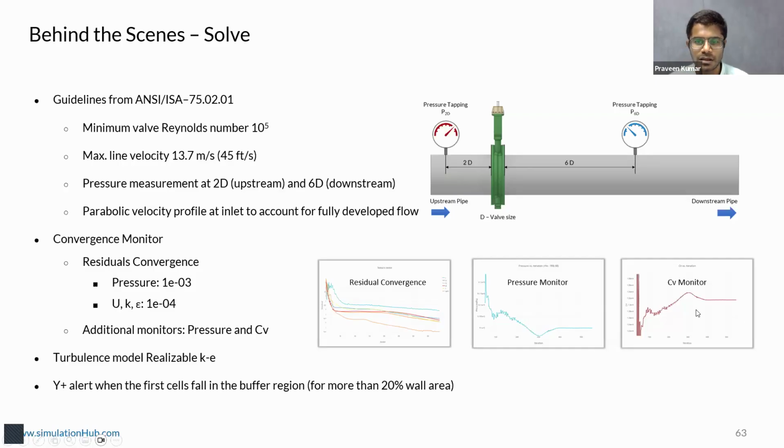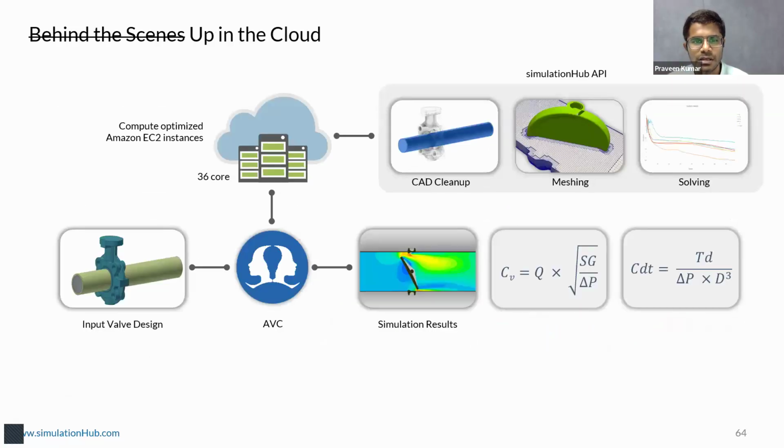There is also a Y plus alert. Whenever the mesh is not able to meet the Y plus criteria demanded by the selected turbulence model, the Y plus alert is created, and the meshing is refined again and the simulation is rerun. These things are implemented in the app.